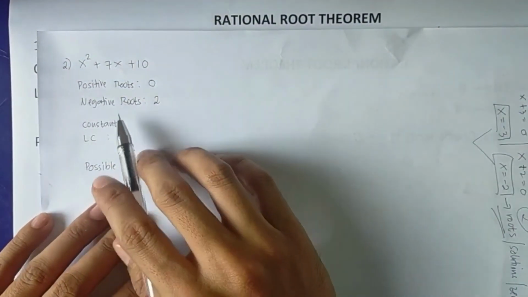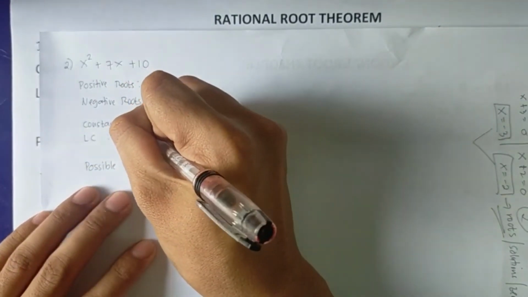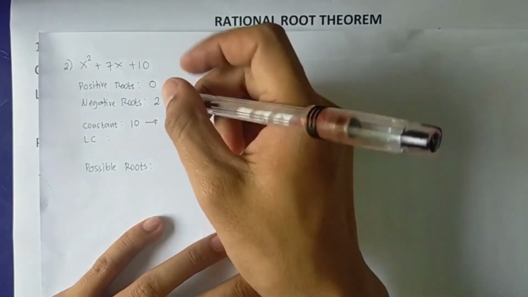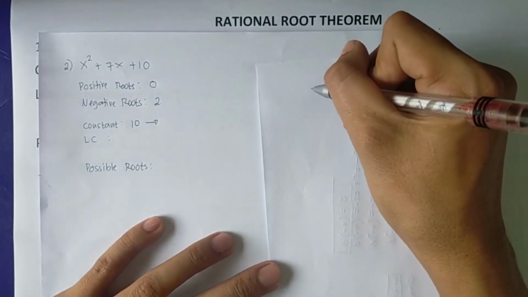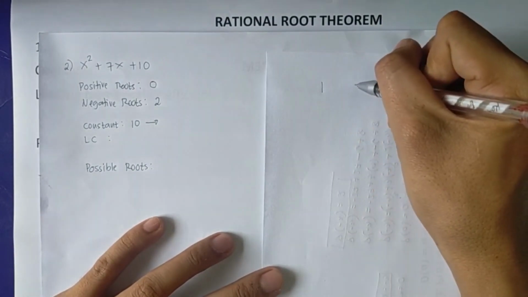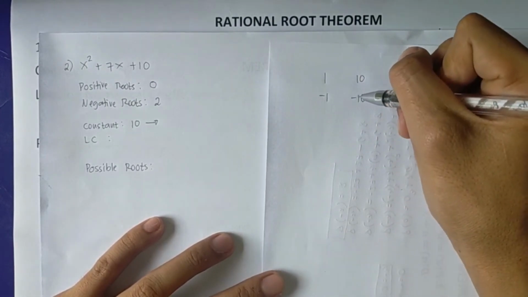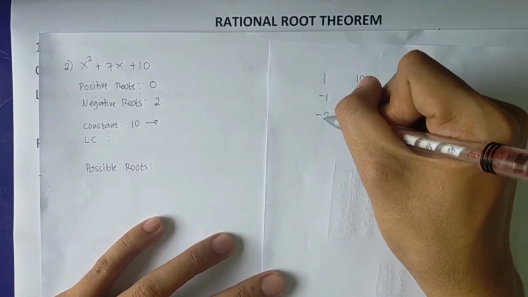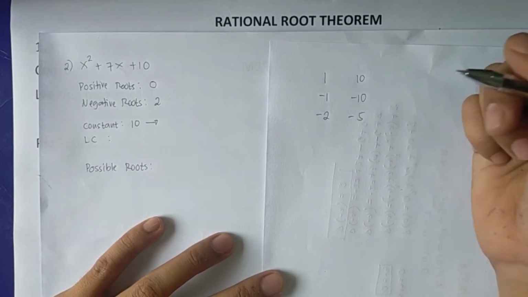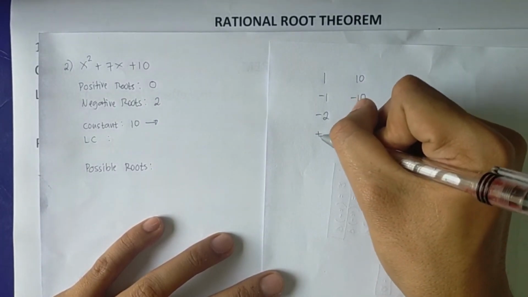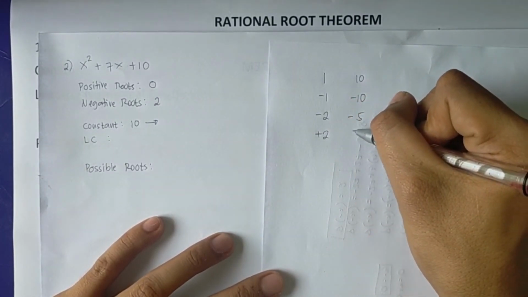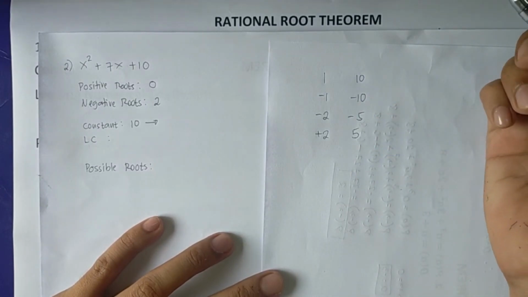Okay, the constant here is 10. What are the factors of 10? We have 1 times 10, negative 1 times negative 10, negative 2 times negative 5, that is positive 10, positive 2 times positive 5, that is positive 10.